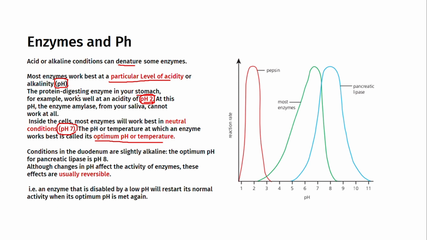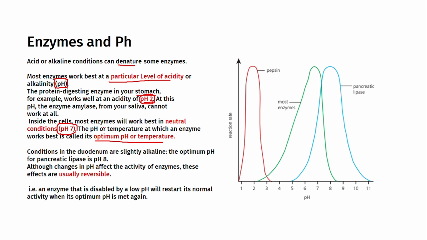So protein digesting enzymes in your stomach, for example, will work in an acidic condition, which is a pH of 2, which the amylase found in the saliva would never work at.